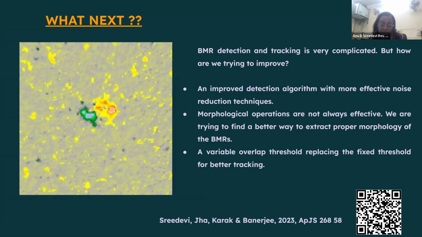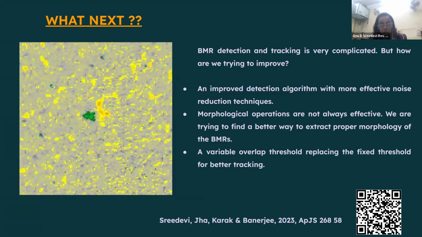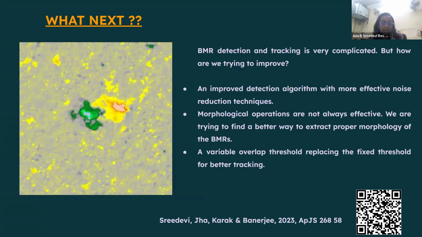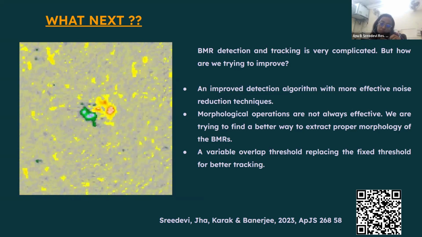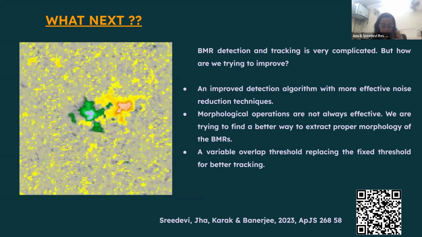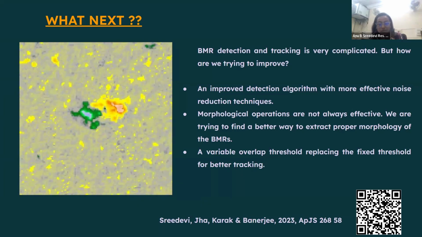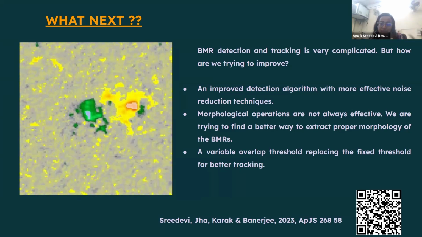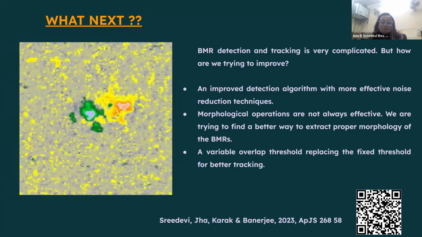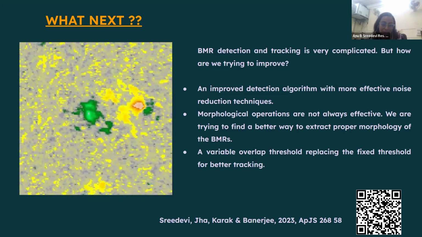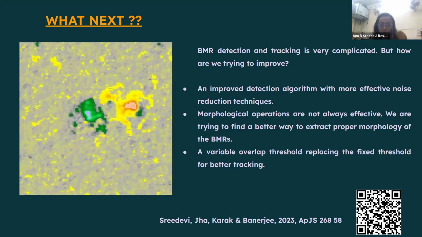Morphologically, extracting the boundaries is a tough job, and we have people working on it. Also, AutoTAB works with a fixed overlap threshold, a certain number of pixels, so we want to make it a variable overlap threshold. I had plans to do it, but since it's a PhD and I have to move on, I did not. But I plan to come back to it and improve the code that way.